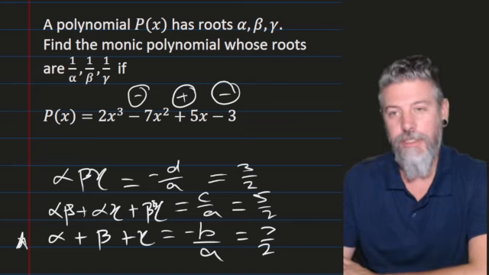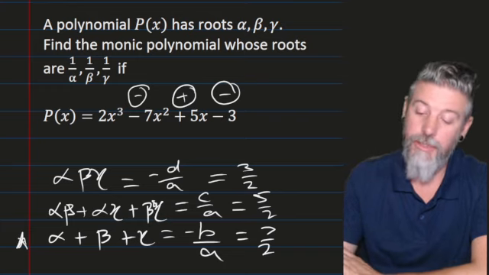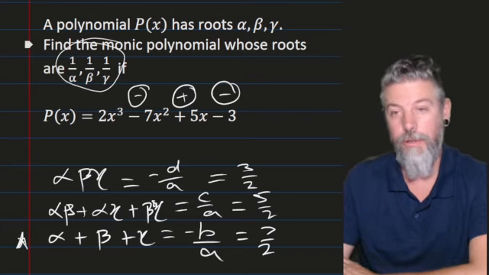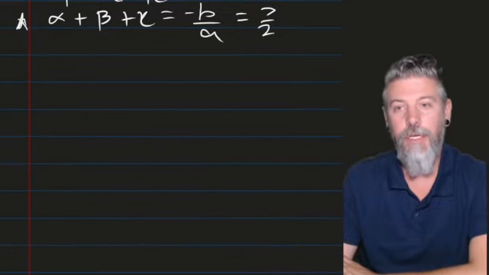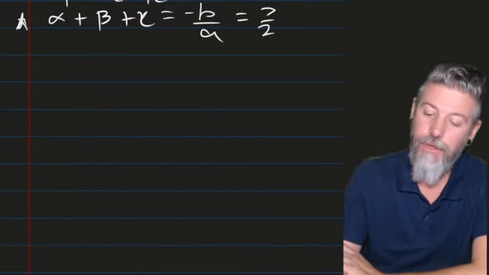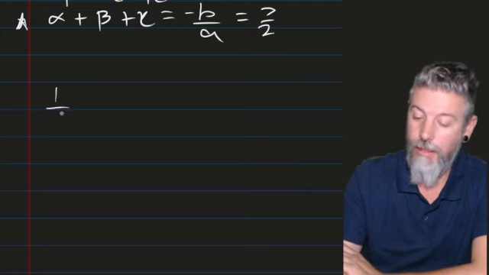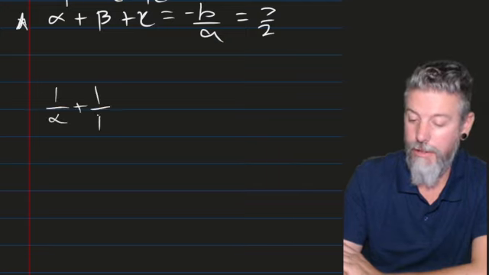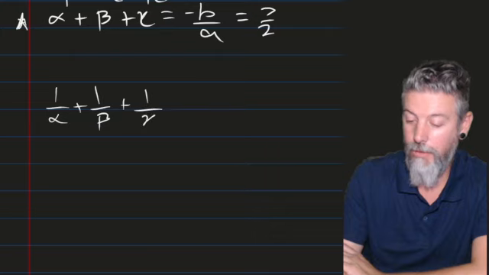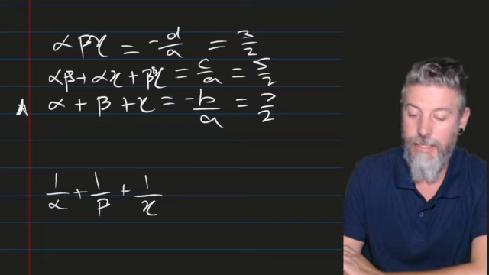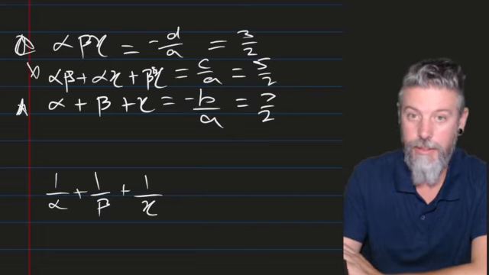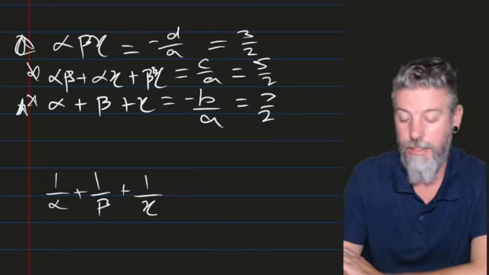But look at what we're trying to find. We're trying to find a polynomial that has the roots 1 on alpha, 1 on beta, and 1 on gamma. Okay, well, let's go and add those roots together. So if we added those roots together, 1 on alpha plus 1 on beta plus 1 on gamma, look at what we've got. It's a bit of a nightmare because none of that relates to any of these three. These are different to what we've got down here.